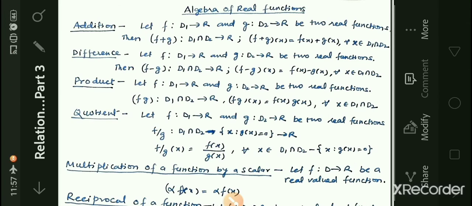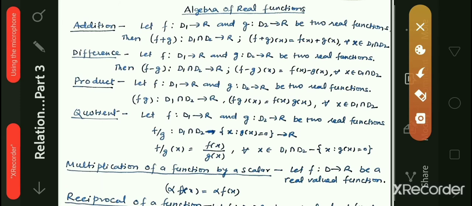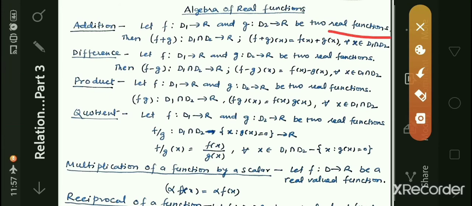So let's discuss them. Consider f: D1 to R and g: D2 to R be two real functions. We need not say here that these are real functions, because we are studying only real functions. But if you have written it, then no problem at all.